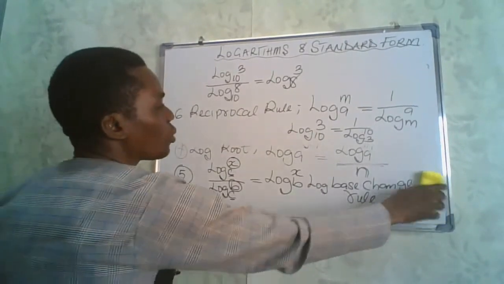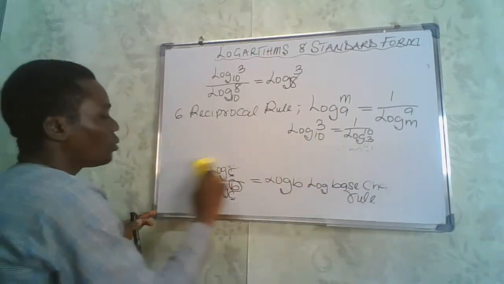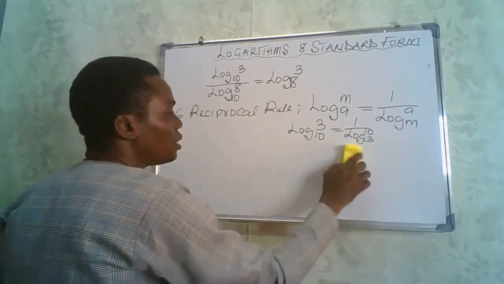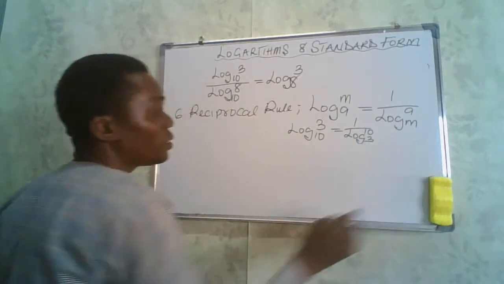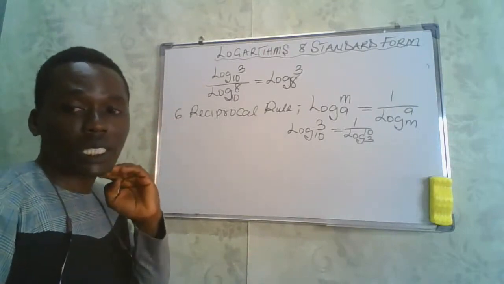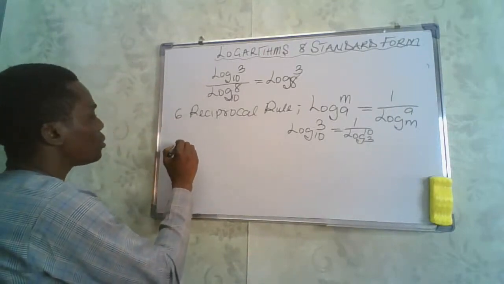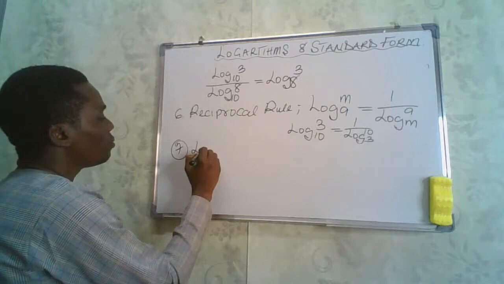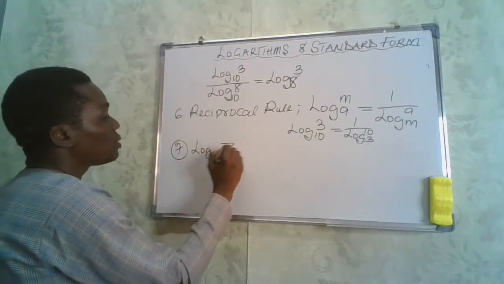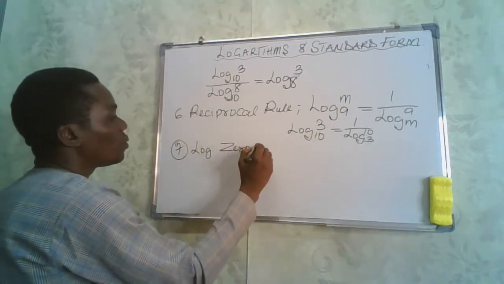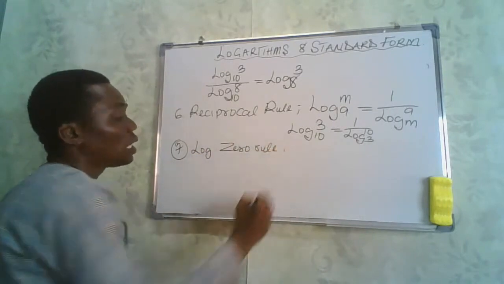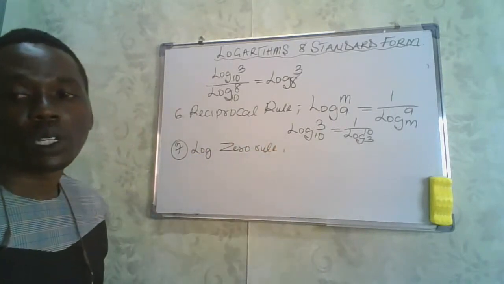We want to also consider another law, that's rule 7. This rule is very typical, but most of the time people don't look at it. We call it the logarithm zero rule. And what is this rule about?